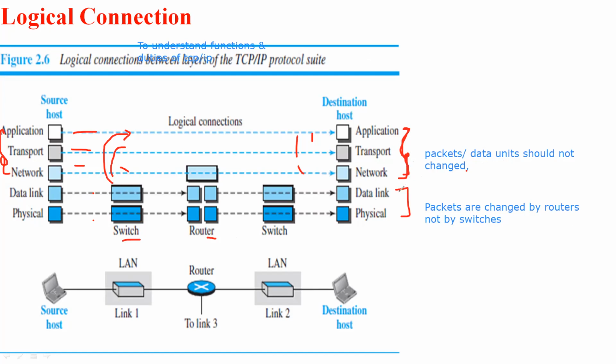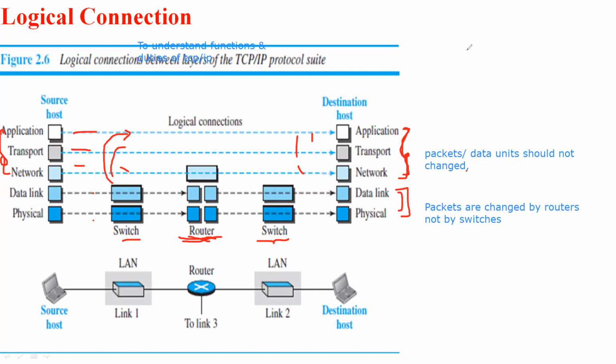But with respect to the bottom two layers, that is the data link as well as the physical layer, the packets are changed by the routers, not by the different link layer switches. So the packets are changed only by the router in case of the bottom two layers.